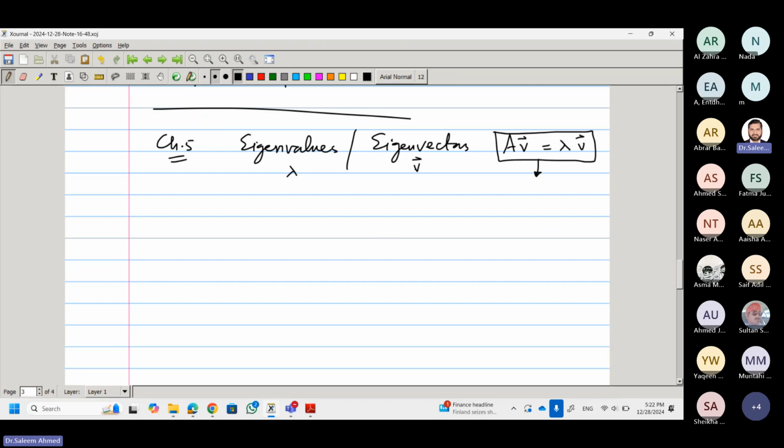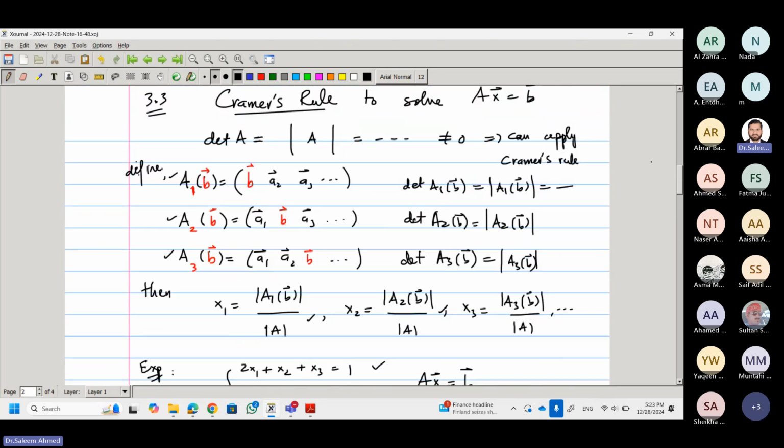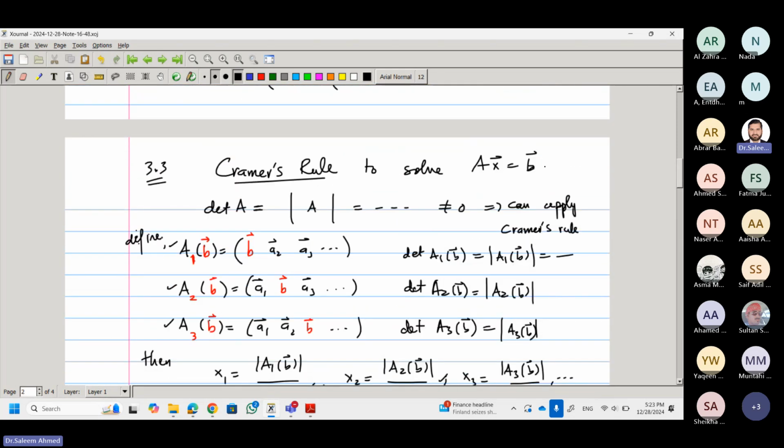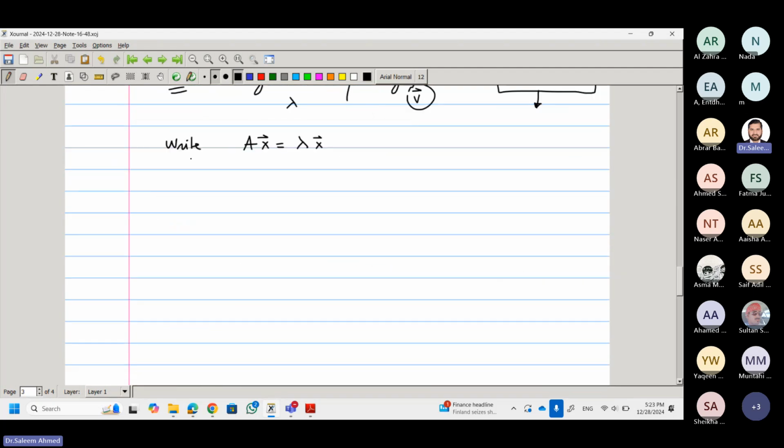Because we don't know at the beginning, what we do first is write AX equal to lambda X instead, because whenever we solve a system, we write X for unknown vectors, right? Even in Cramer's rule, we have AX equal to B, so X is basically my unknown thing.